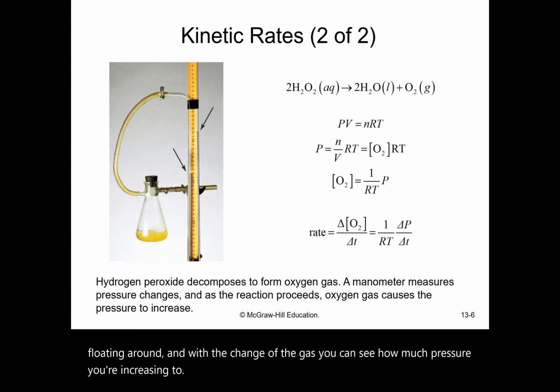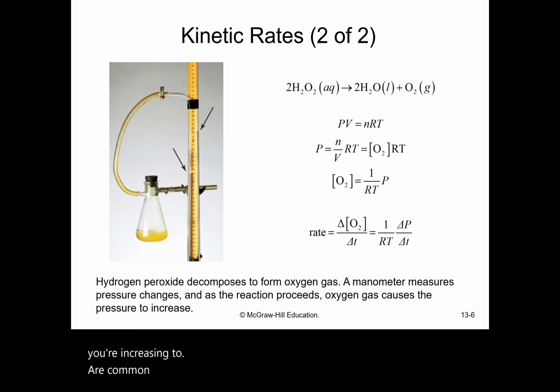A common equation you've probably already seen is PV is equal to nRT, the gas law. We rearrange this equation to get P alone. P is equal to n, which is your number of moles, over V, volume, times R, which is your constant, and T is your temperature.